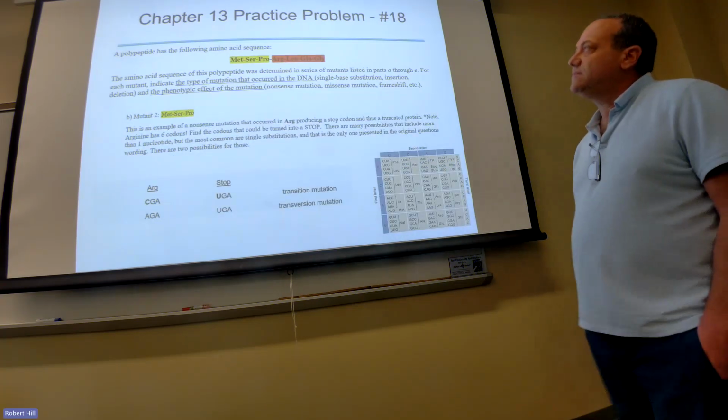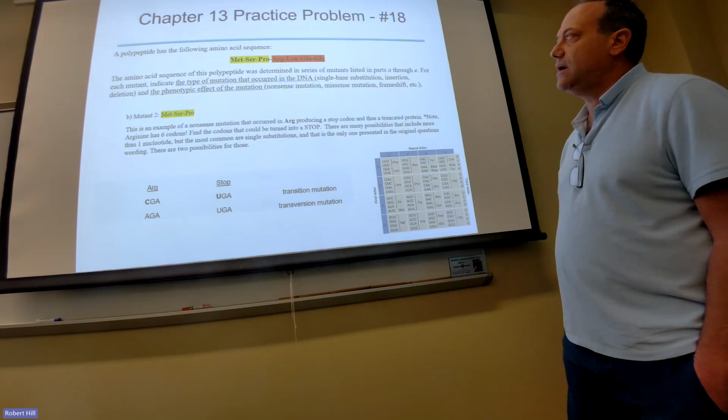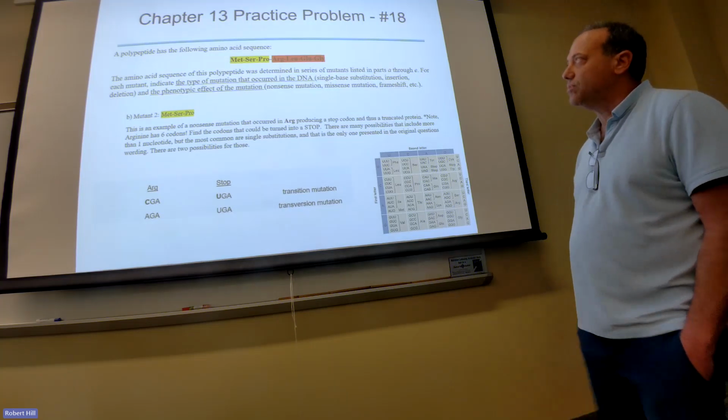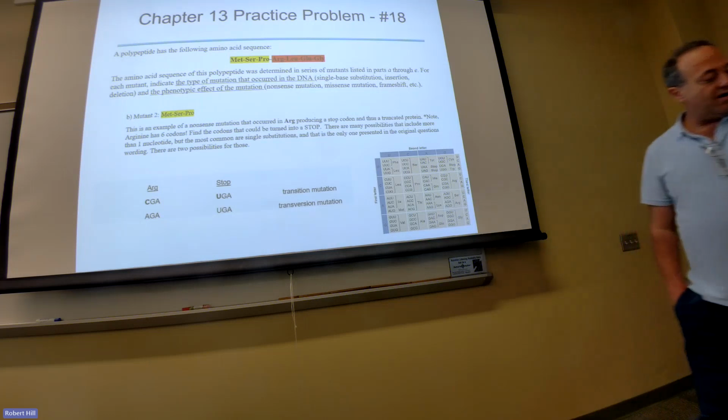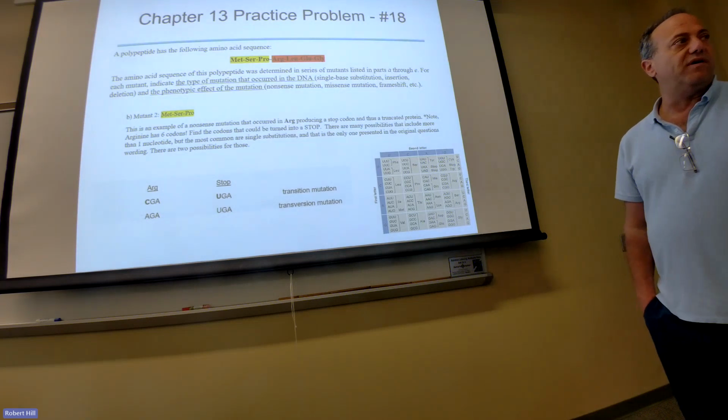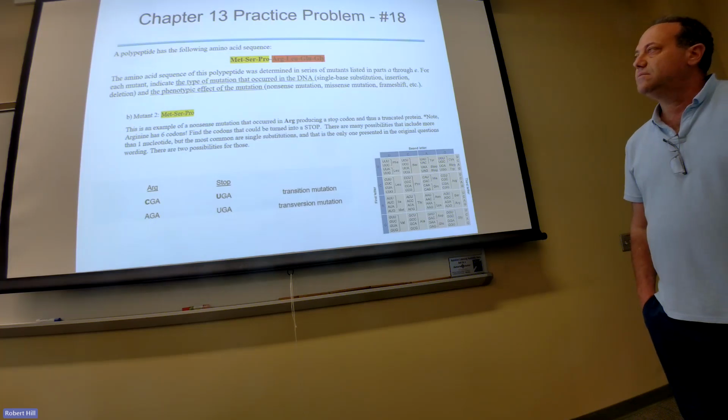Okay, here we've got the same sequence up there, and look, it's shorter now. So we've got a methionine, a serine, and a proline. So if you have a truncated protein, that is indicative that you have a sort of nonsense mutation, right? You have the introduction of a stop codon.